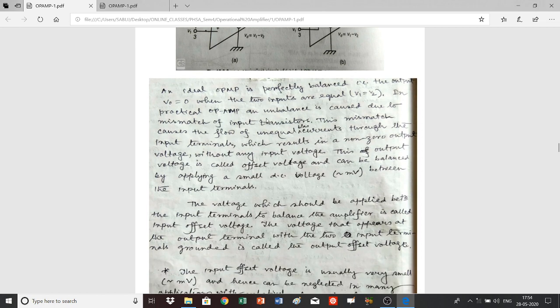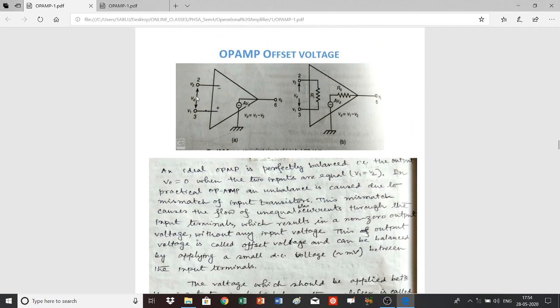Now remember that when very large input voltages are applied to the inverting and non-inverting terminals, the offset voltage does not produce any kind of error because the input voltage is very high. But in certain cases, for example for low voltages across these two terminals, the offset voltage matters.